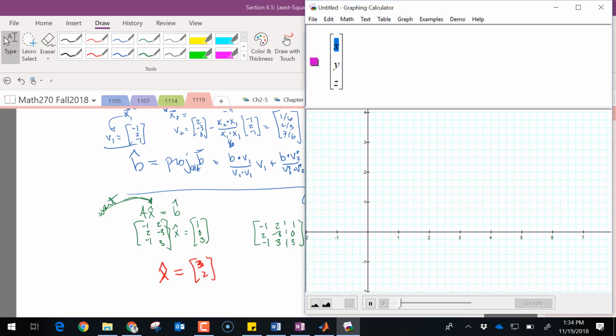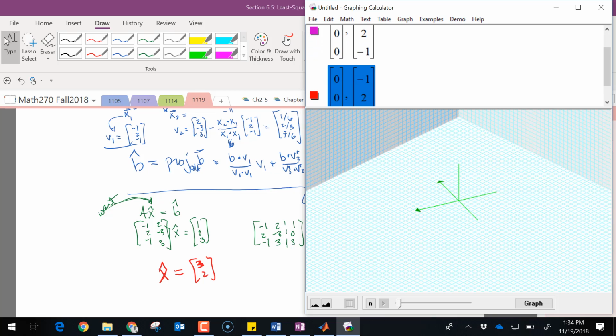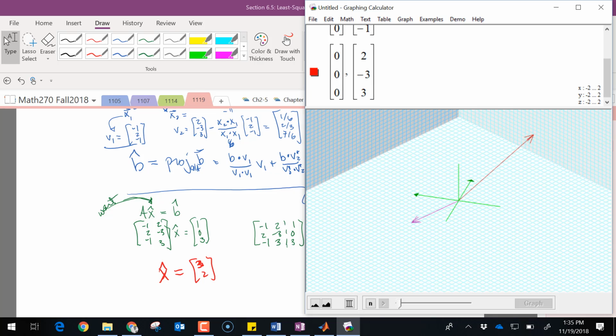So that's -1, 2, -1. Oh, I want this to be a vector. So that's one vector. And then my other vector is 2, -3, 3. Do you know where I got those two vectors from?